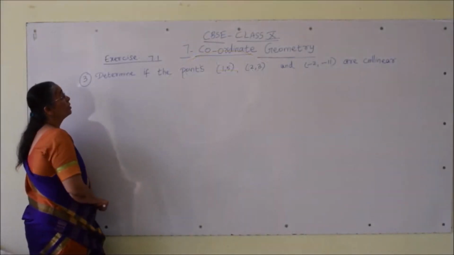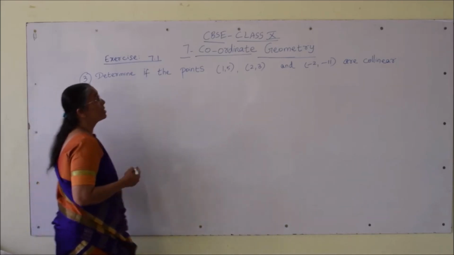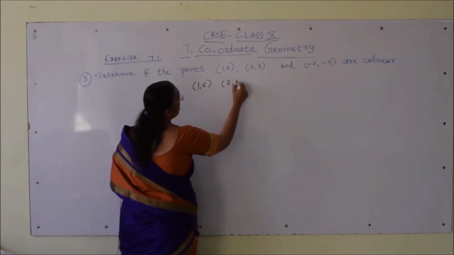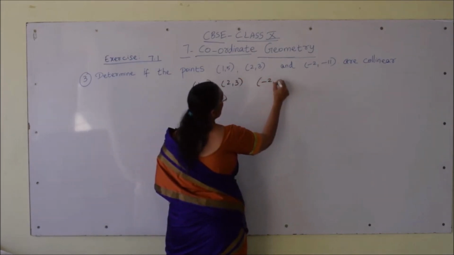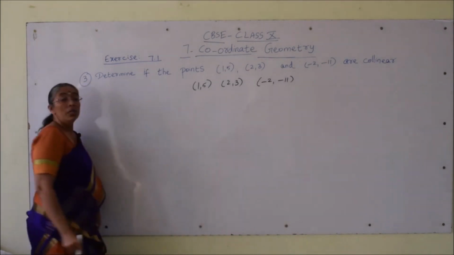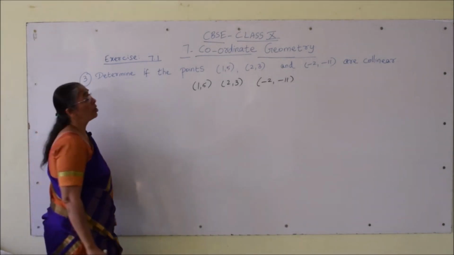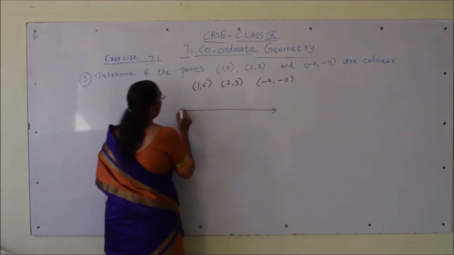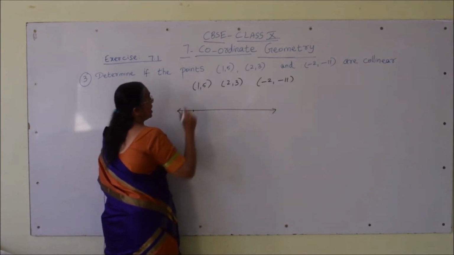Problem number 3. Determine if the points (1, 5), (2, 3) and (minus 2, minus 11) are collinear. When we say the given points are collinear, the points are said to be collinear if they lie on the same straight line.